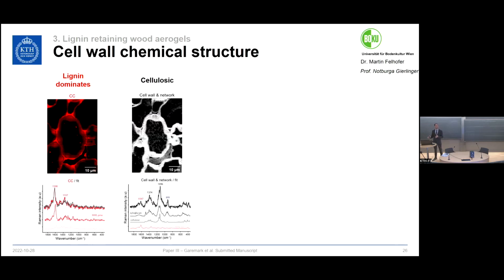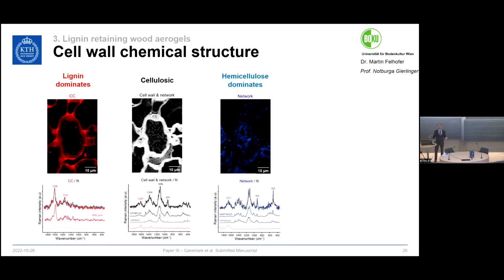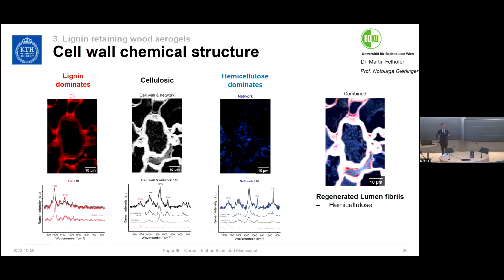Then looking at the cellulosic signal, we can see that the cell walls are highly swollen and the lumen networks are also quite cellulosic. Separating out the hemicellulosic content, we can then see that the nanofibrillated networks in the lumen are very rich in hemicellulose. And then we can combine these signals and we see the effect more clearly.